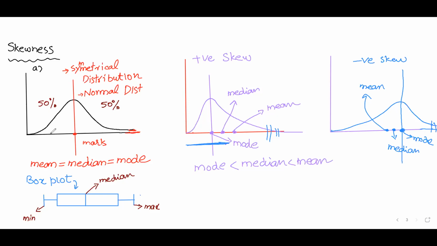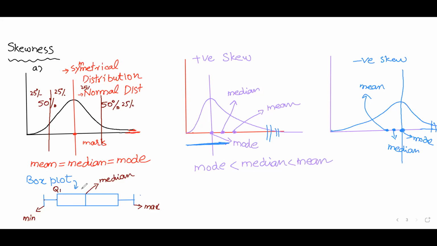If I divide this one again, make a line in the center here again, and this one again. So this one is 25%, this one 25%, this one 25%, and this one is also 25%. Right? So quantile means 25%. From here to here is Q1, the first quantile.